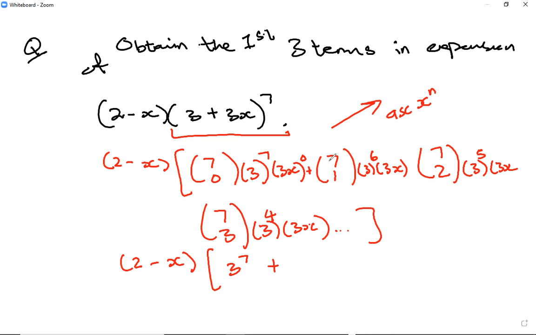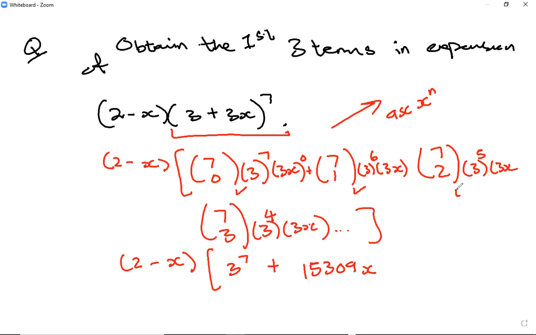So the 7c1 is 7 times 3 to the power of 6. 7c1 is 7. 3 to the power of 6 becomes 5,103. Times it by 3 as well comes to 15,309. 15,309 x. That's this term over here.